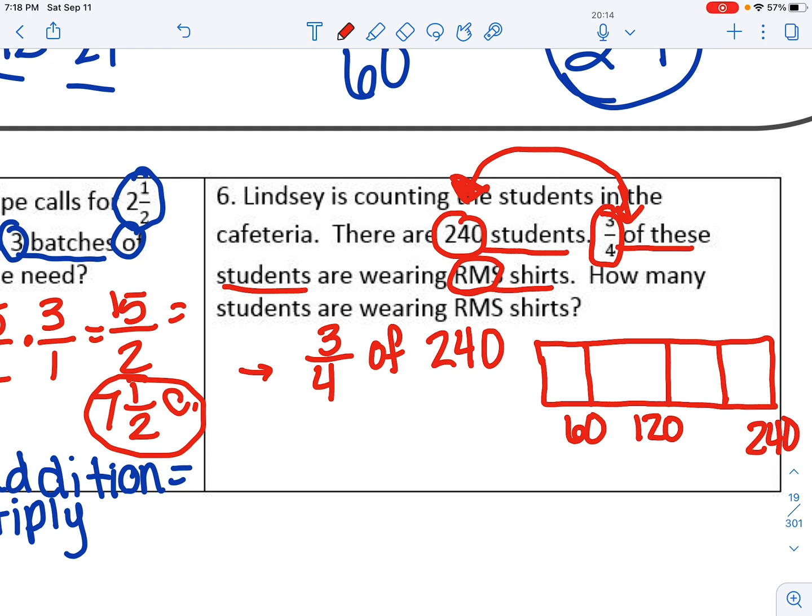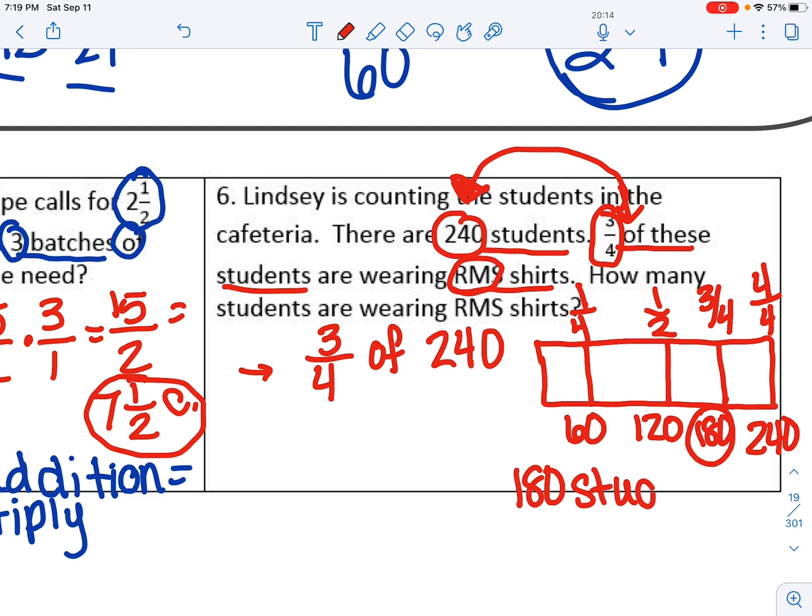So it would go 60, 120, 180. So this would be the same thing as 4 over 4. This would be 1/4. This is going to be my half. And this would be 3/4. So 3/4 is going to be equal to 180. So it would be 180 students are wearing RMS shirts.